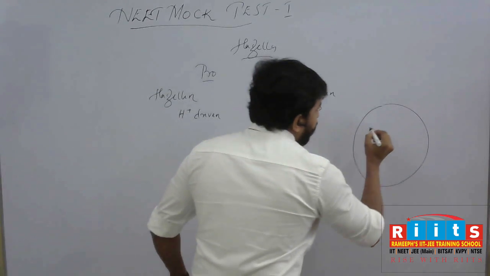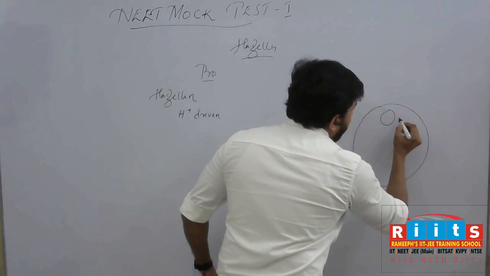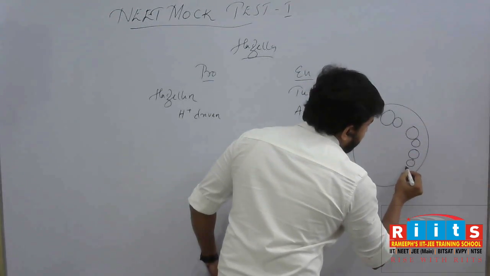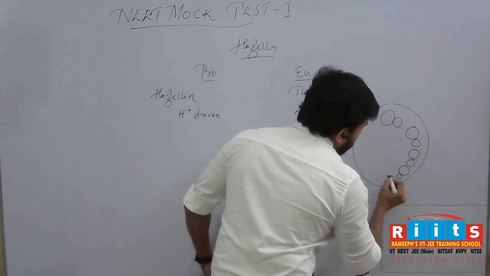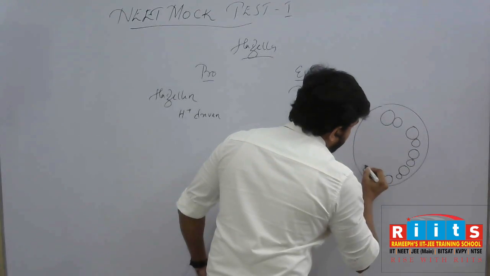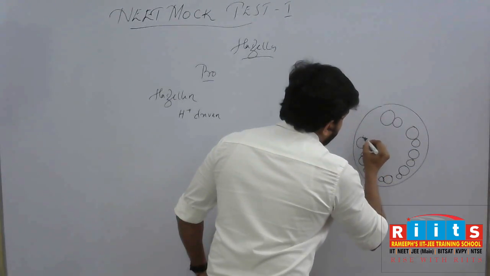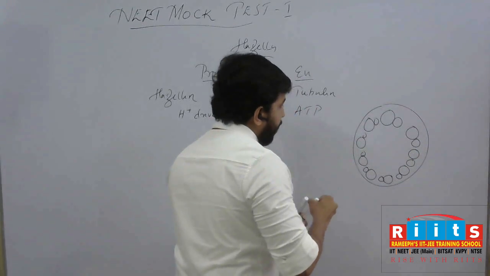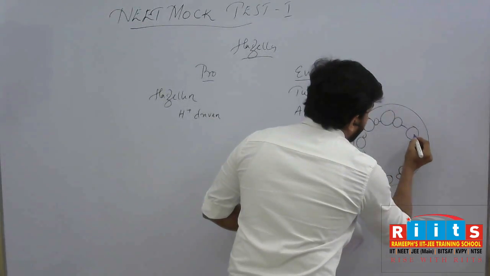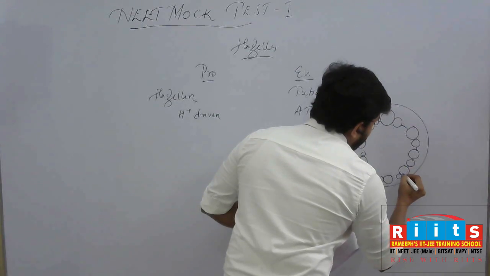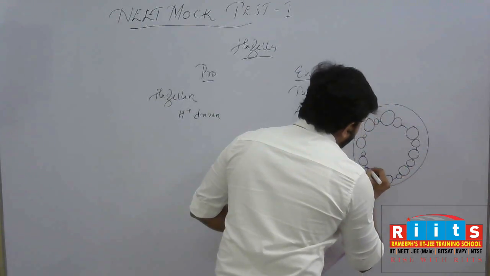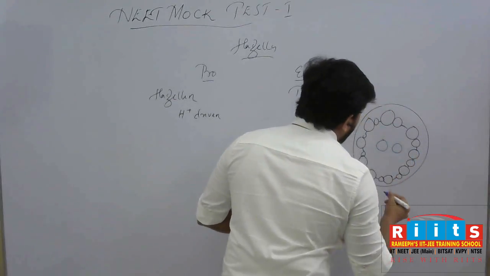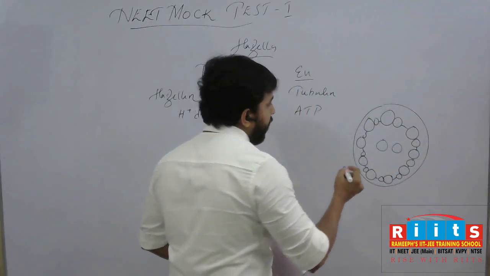Usually, eukaryotic flagella have a 9+2 arrangement, composed of 9 pairs of peripheral microtubules and 1 central pair.